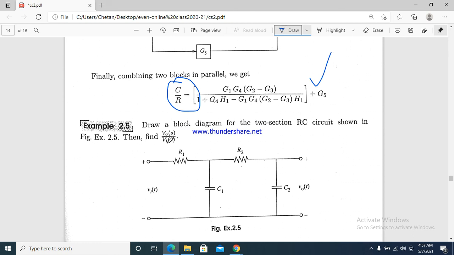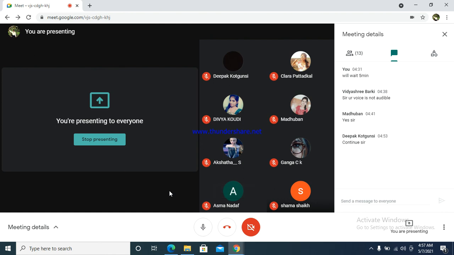If you have any doubt in this problem, you can ask me so that I can clarify it and move to the next one. Do you have any doubts here? Do you have any doubt in the previous problem? Divya?